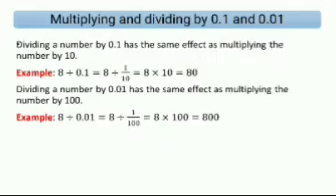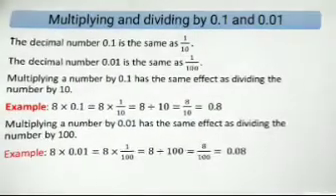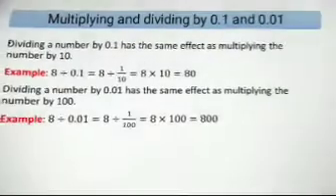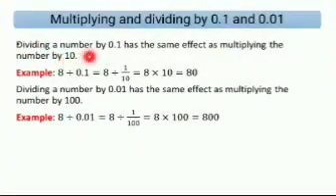Also, dividing a number by 0.1 has the same effect as multiplying the number by 10. So what we are saying is, if you are dividing 8 by 0.1, 0.1 is the same thing as 1 over 10.